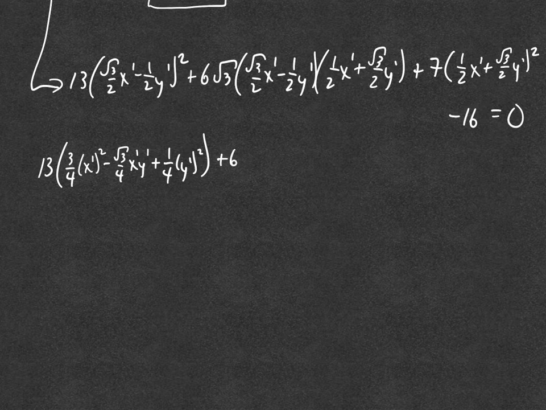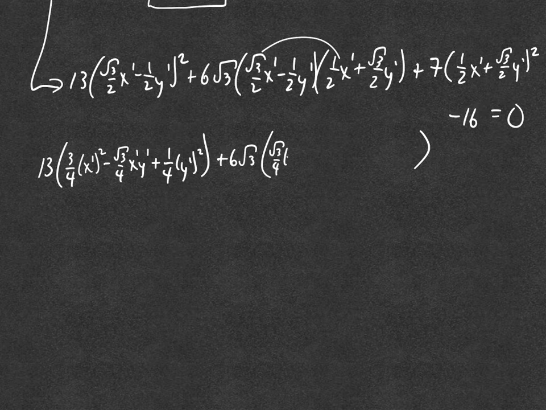My second FOIL, multiplying the 2 binomials together. So the first, square root of 3 over 2 x prime times 1/2 x prime is going to be the square root of 3 over 4 x prime squared. The outside, square root of 3 over 2 times square root of 3 over 2 would be 3/4 x prime y prime.